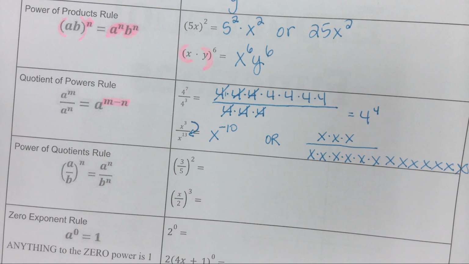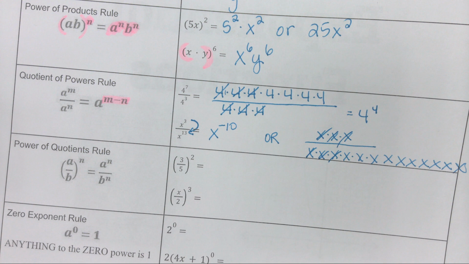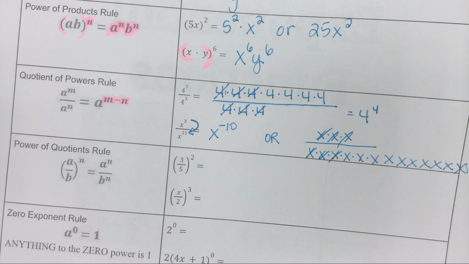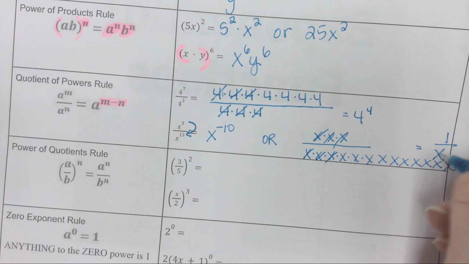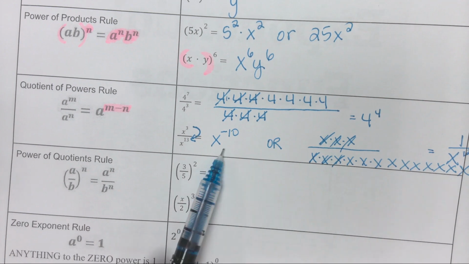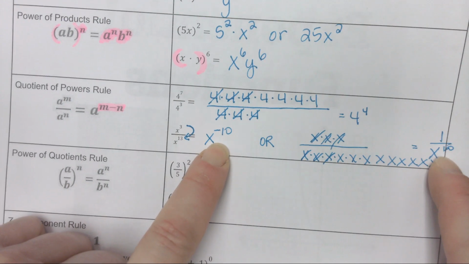How many cancel? 3. But do you see where they are? Are they on the top or on the bottom? They're on the bottom. So the way I would write this is 1 over x to the 10th. So I'm going to just point that out right there, that those two things mean the same exact thing. Okay? And we'll get to that a little later on.